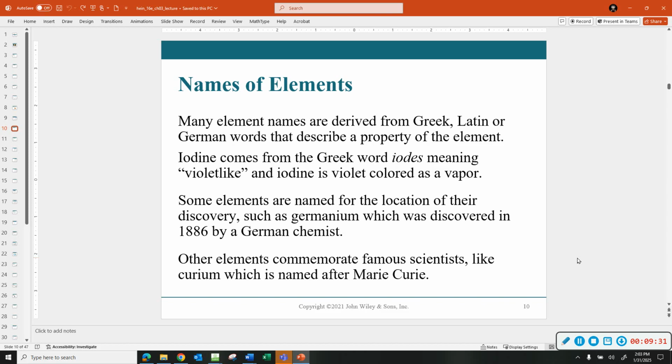Gold is Au because of its Latin name. Silver is Ag because of its Greek name, I believe. I know sodium, Na, is natrium, and it's called sodium because of how it was discovered, but it doesn't match the Latin name natrium. So that I'm not going to test you on.